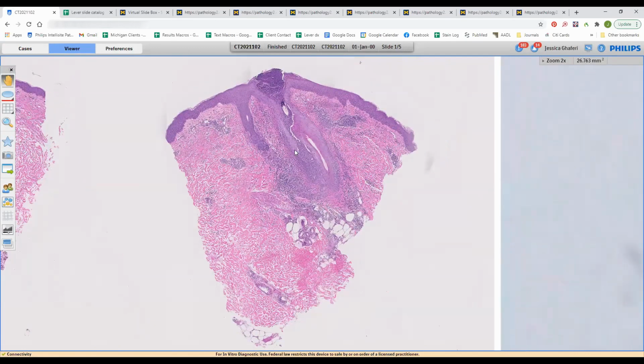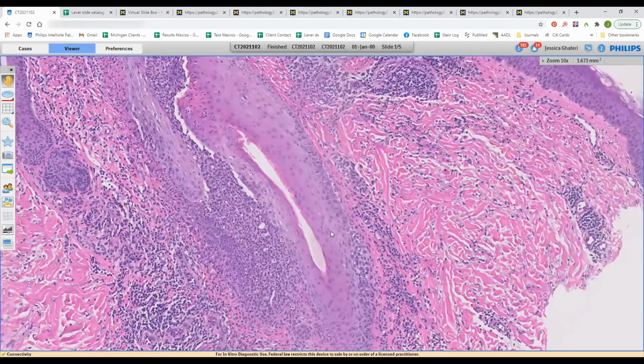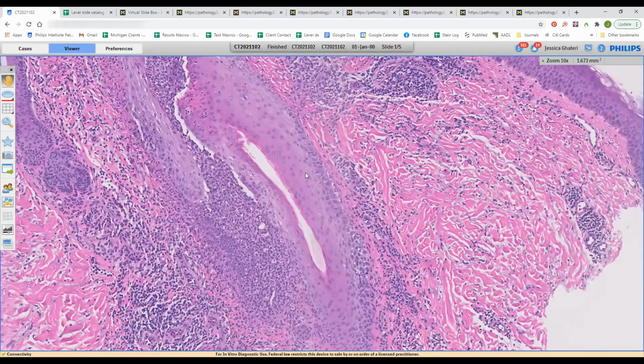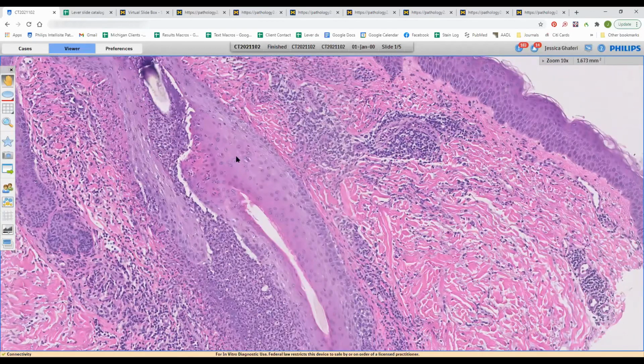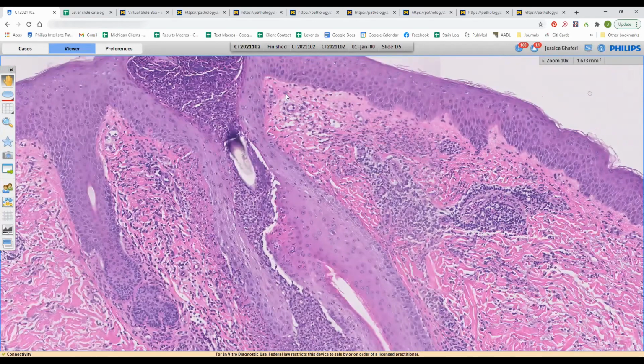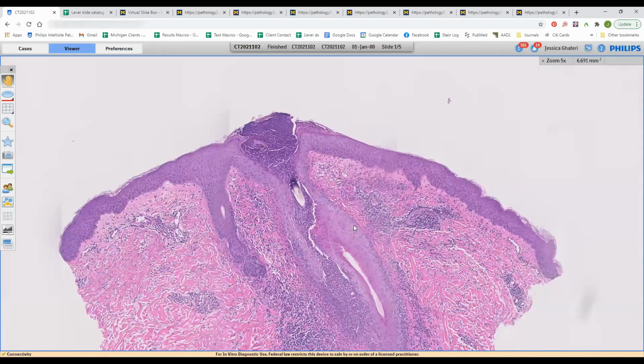So herpes can be a cause of folliculitis, varicella zoster as well. And in those cases, you tend to see more necrosis of the follicular epithelium. And you can also see typical viral cytopathic changes, so nuclear molding, and typical changes like you would see in the epithelium. And you can also see sebaceous gland necrosis. So those are some clues to look for viral folliculitis.